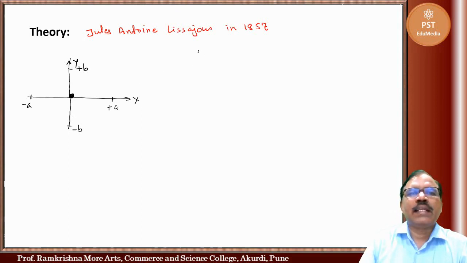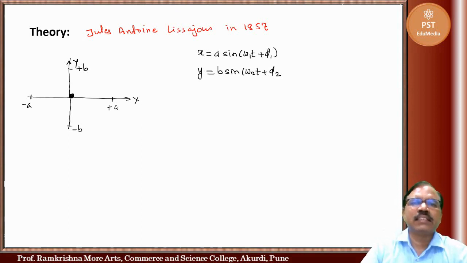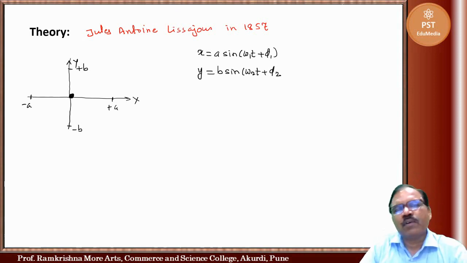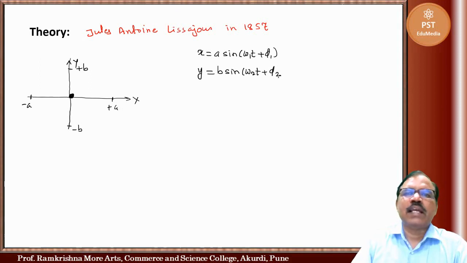So we can write x is equal to a sin(omega 1 t plus phi 1) and y is equal to b sin(omega 2 t plus phi 2), where omega 1 is the angular frequency of simple harmonic motion along the x-axis, omega 2 is the angular frequency of simple harmonic motion along the y-axis.